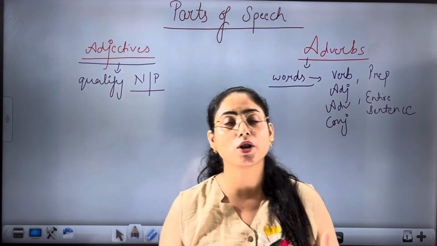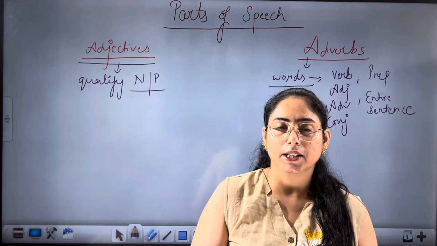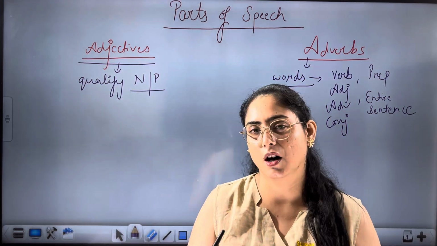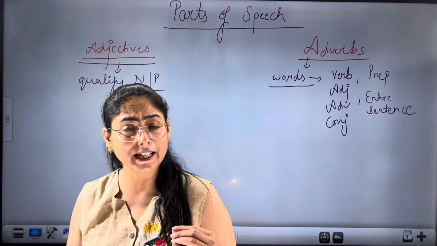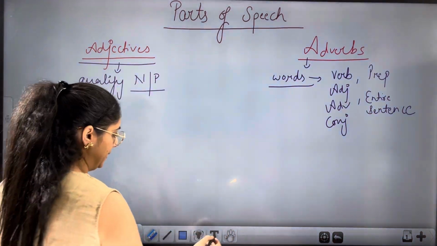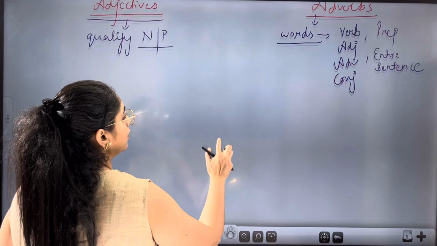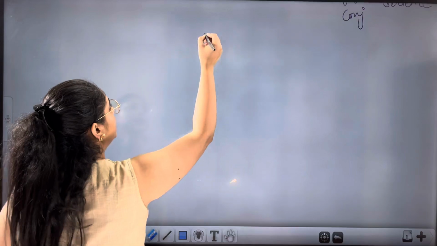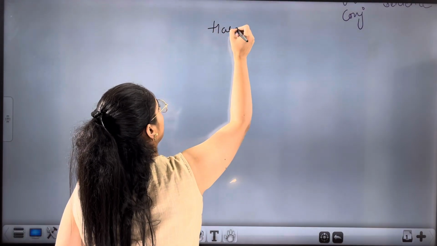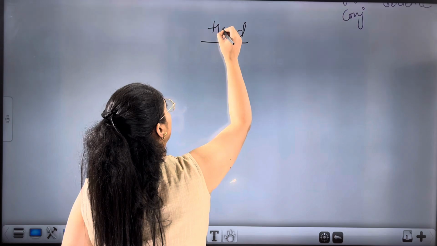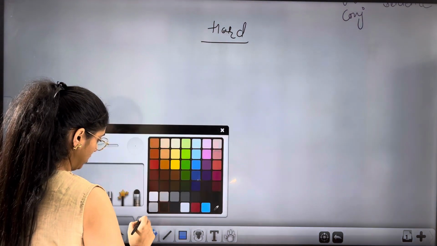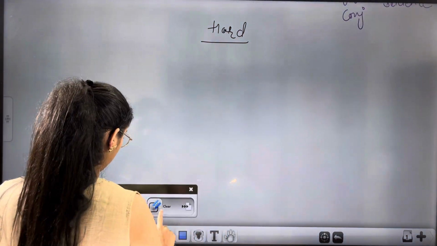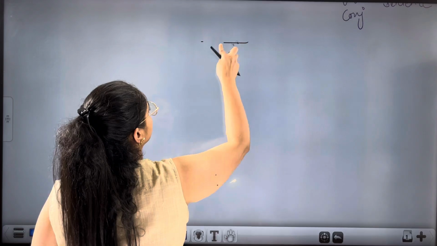But my today's topic is how to differentiate between an adjective or an adverb in a sentence when you're asked about parts of speech. I'll explain with an example. I'll take one word, hard, and I'll explain how this word can act as an adjective or adverb.